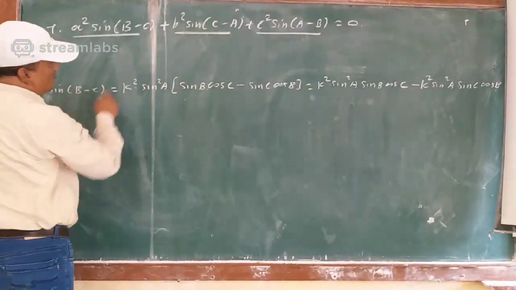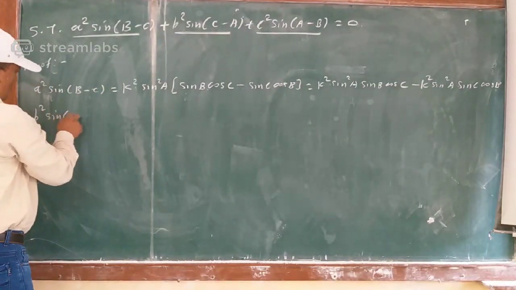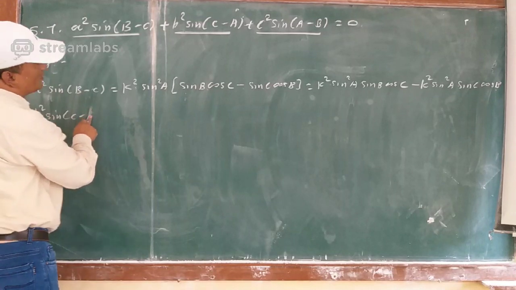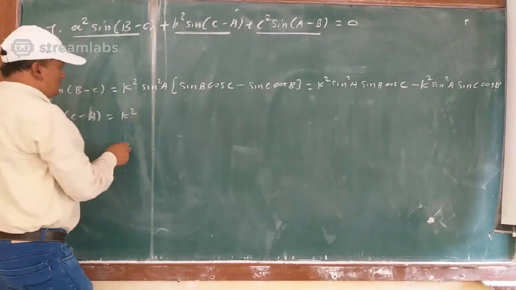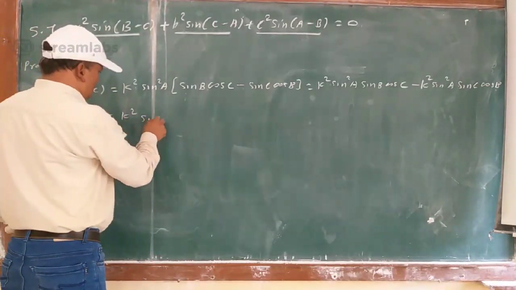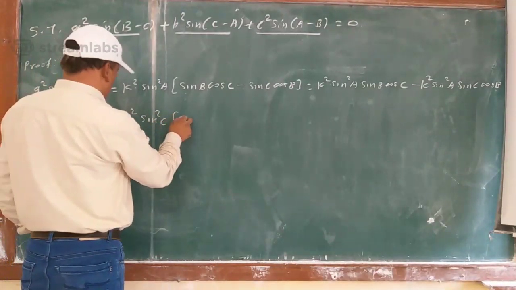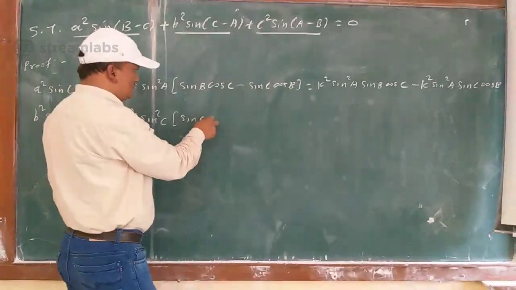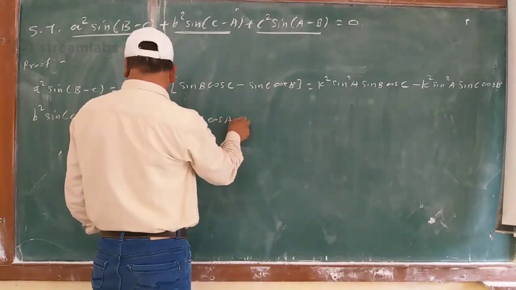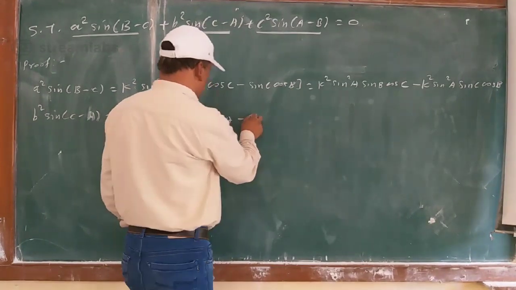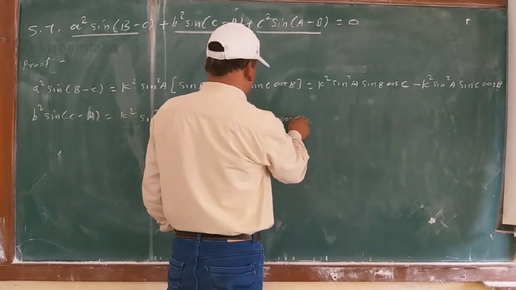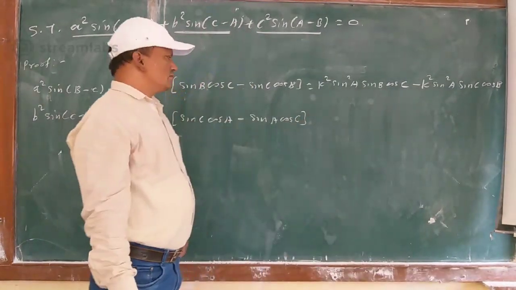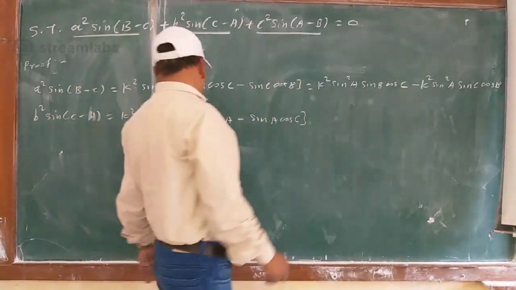Similarly, the second term, B square sine of C minus A, is K square sine square B, in bracket sine C cos A minus sine A cos C. Multiply.